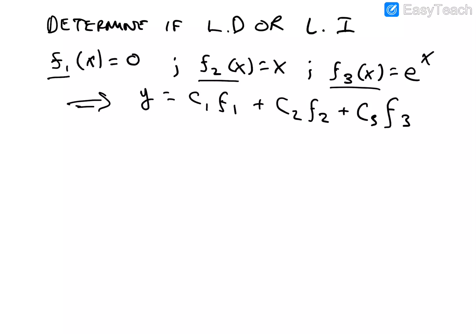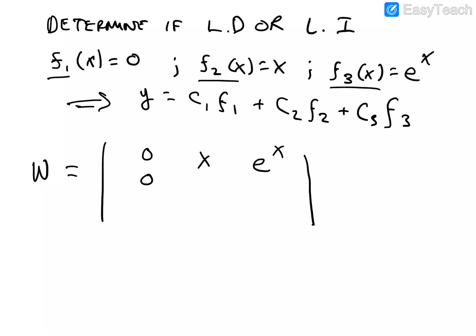So we're going to set up our matrix, and we'll have the first function as it is, the second function as it is, and the third function as it is. Okay, so if we take the derivative of 0, that will give us 0.